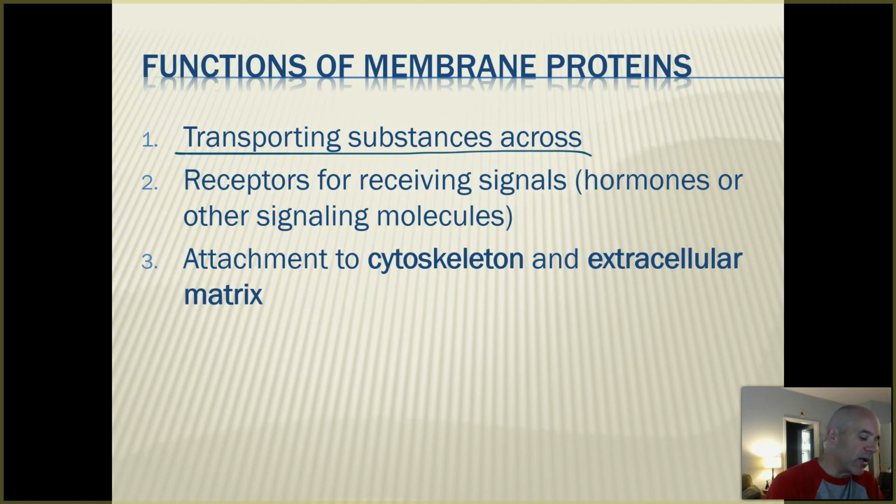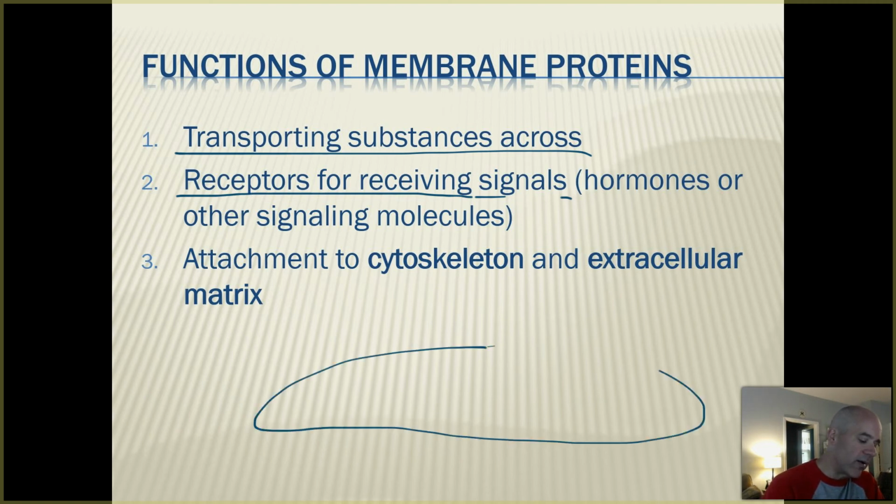Some of those proteins function as receptors for receiving signals from other cells or glands. So if we've got a cell here, you've got some of these membrane proteins sitting all over the surface of the cell, and many of those are receptors for chemicals like, let's say, hormones. Let's say the little X there is a hormone molecule, and it comes diffusing along through the extracellular fluid.